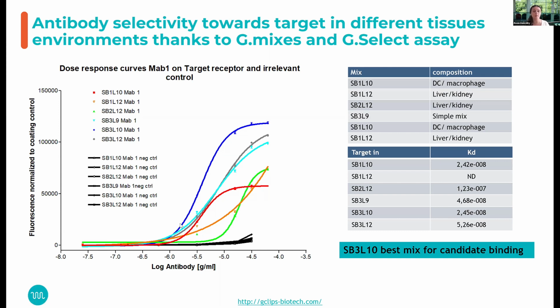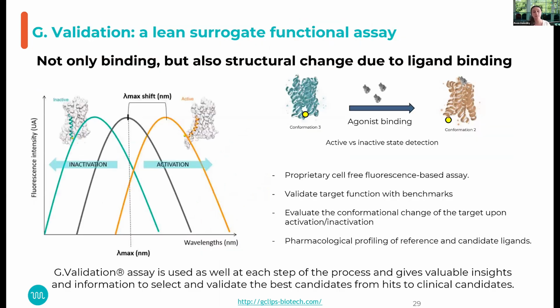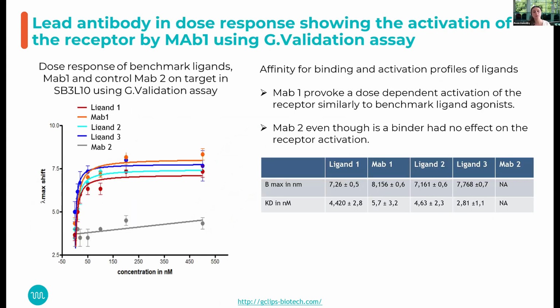So we chose the one that had the best answer, of course, with the SP3L10, and we did a G-validation assay to see what this antibody does. For that, we compared with 3 ligands. Those are the natural ligands of the receptor in the human body. Those are all agonists.